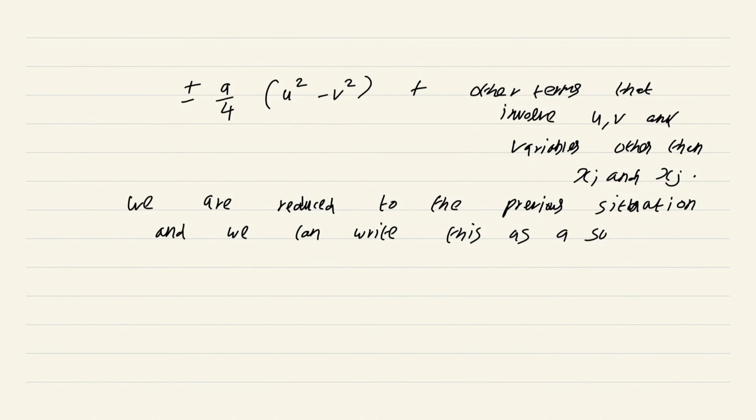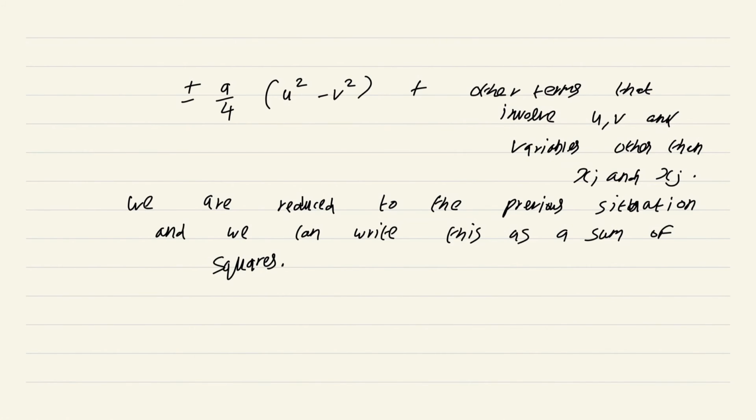And once you write this as a sum of squares, all you do is replace back u and v by their expressions in terms of xi and xj, and you're done. You have formally manipulated this and obtained the quadratic form as a sum of squares. I want you to ponder about the last part of the proof. It's rather straightforward. You just have to understand what this substitution really means.